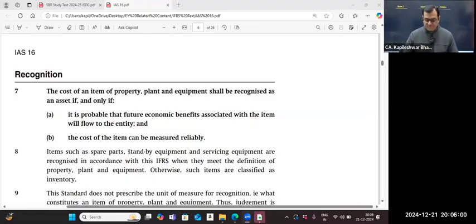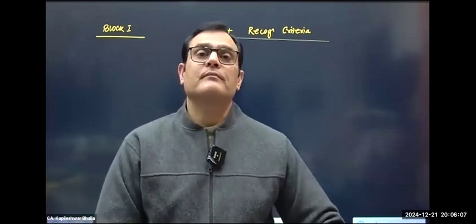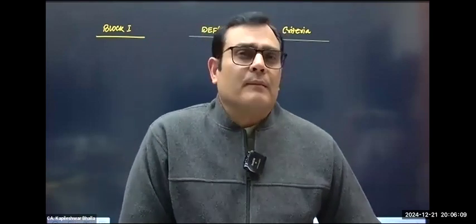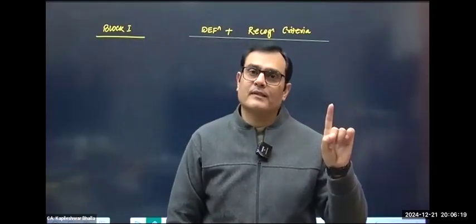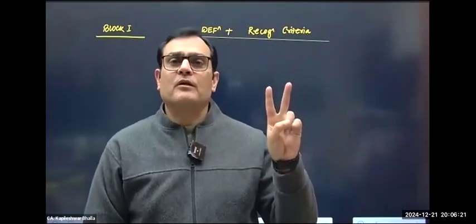Let me come back to the chain and ask you a few questions at this stage. Number 1, coming back to the example of a road which is built on government land. Is that road tangible? Yes. Great. What is the purpose of that road?